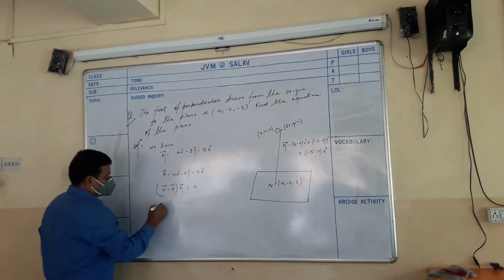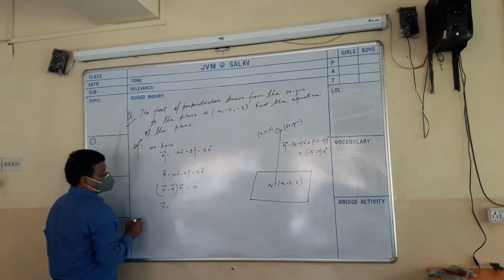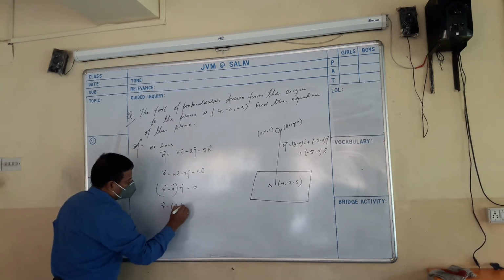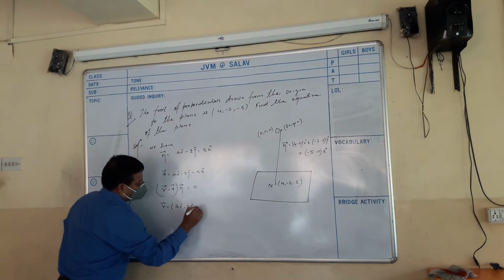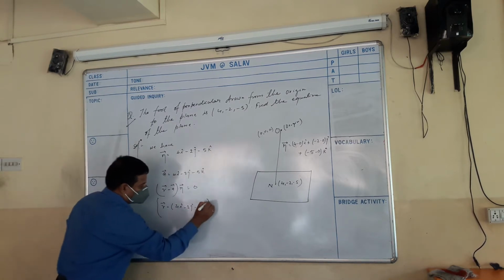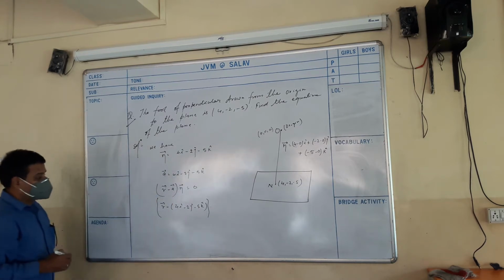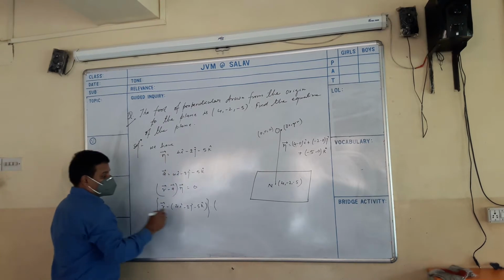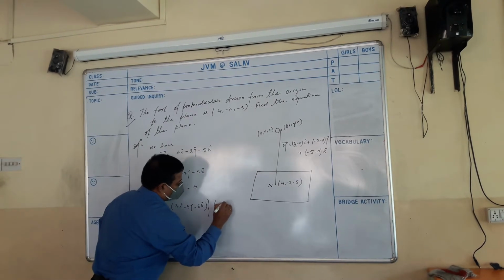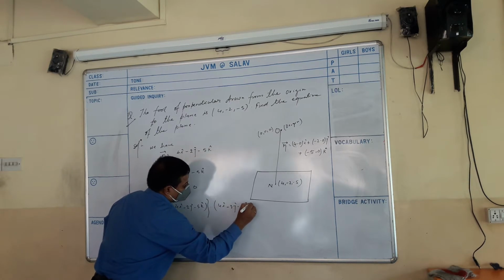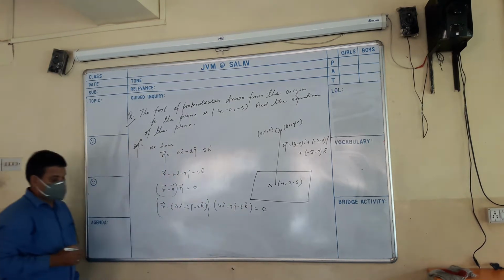Vector R minus vector A, where A is 4i minus 2j minus 5k, dot vector N, where N is 4i minus 2j minus 5k, equal to 0.